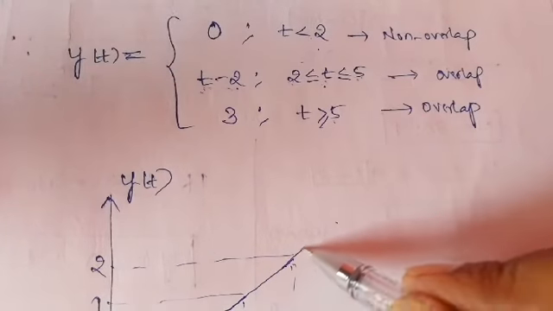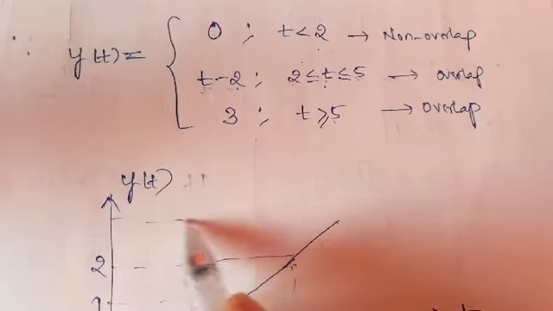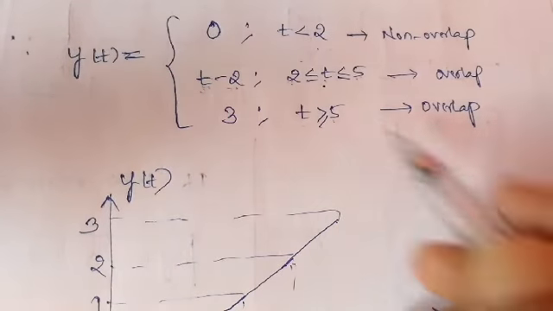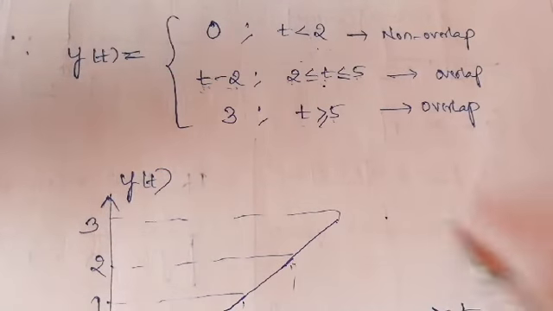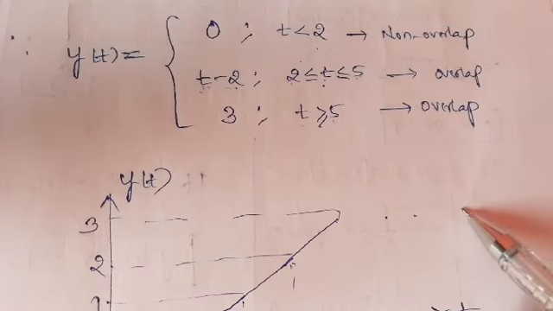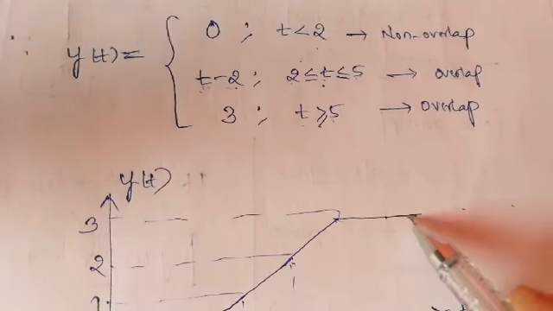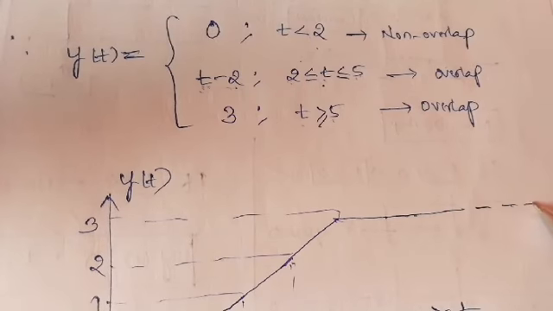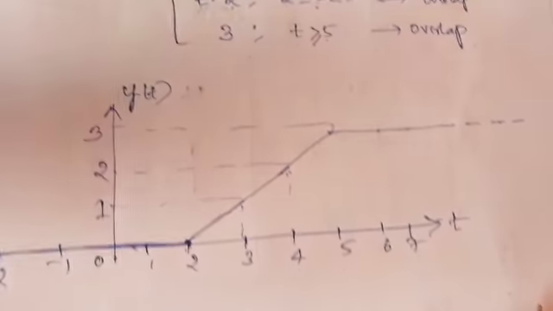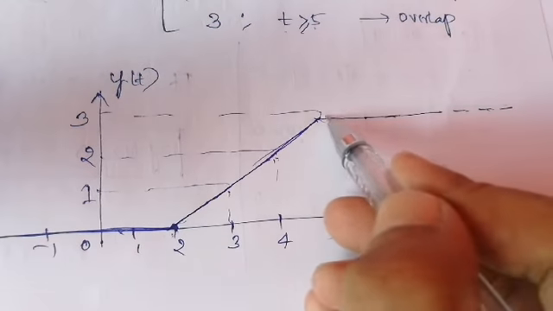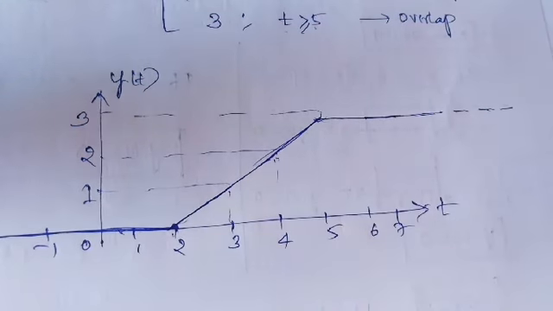It becomes 3. Next, t equal to 6, 3. t equal to 7, 3. t equal to 8, 3. t equal to 9, 3. So it is like this. It is y of t. Thank you very much.